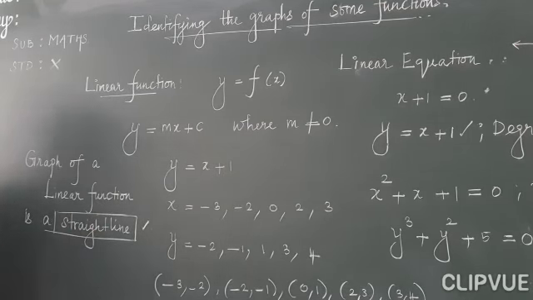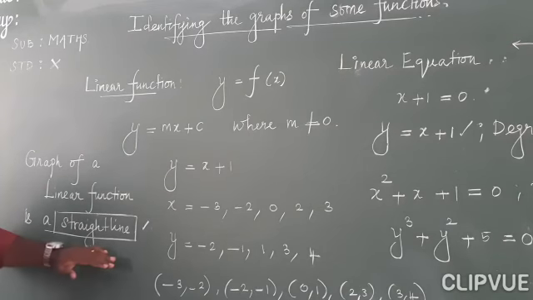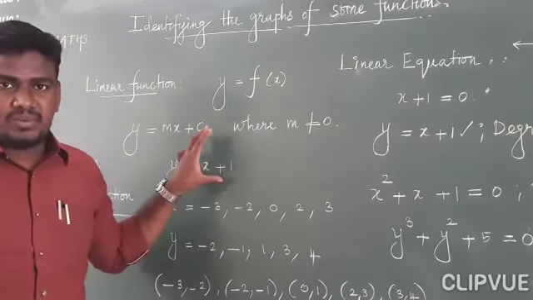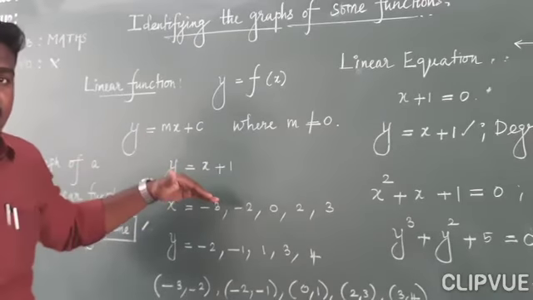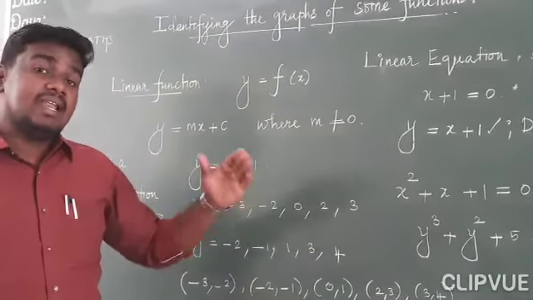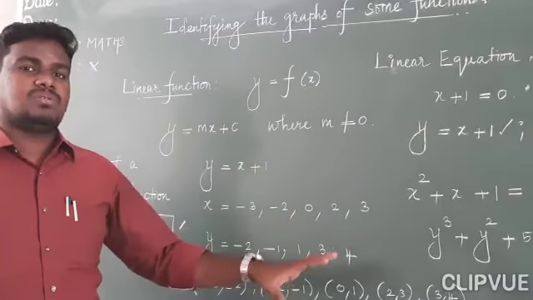This is an important question. Here I took y is equal to x plus 1. This is one example of a linear function. If you take any linear function, it always shows a straight line.